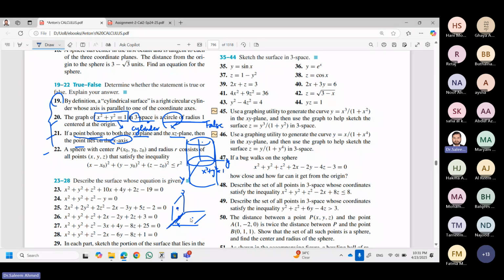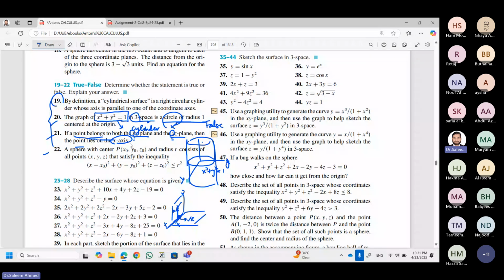Otherwise, it cannot be on both at the same time. If the point is here, it is not here. And if it is here, then it is not here. But if I take a point on the x-axis, it is on both the xz plane and the xy plane. So see, x is common here. So yes, if a point belongs to both the planes, it has to be on the common axis, which is the x-axis. Okay, so that is true.